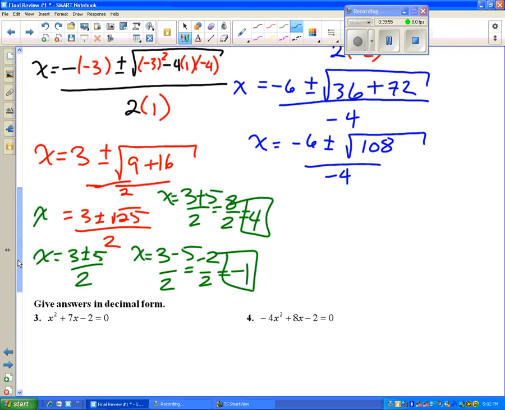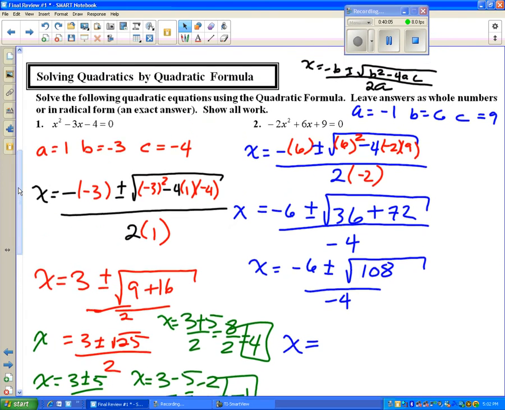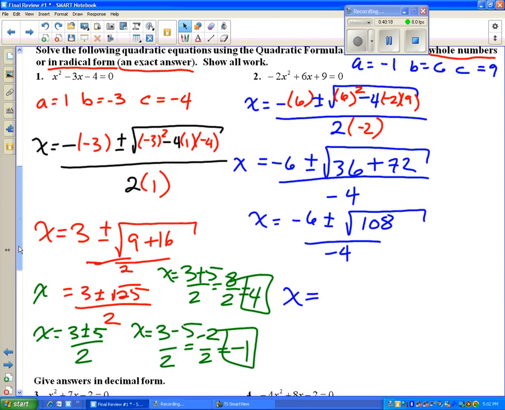Square root of 108. It's going to take a little doing in your calculator. I need to reduce the square root of 108 because my rule said I want an exact answer in radical form or whole numbers.